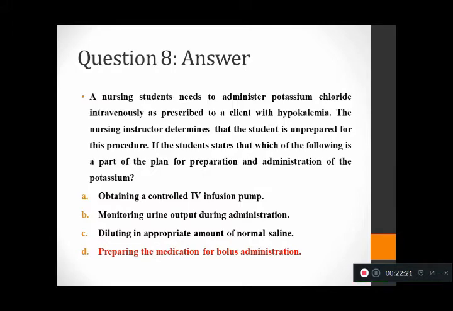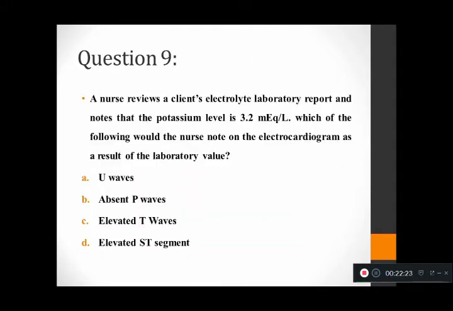Okay, now let's come to the ninth question. A nurse reviews a client's electrolyte laboratory report and notes that the potassium level is 3.2 milliequivalent per liter. Which of the following would the nurse note on the electrocardiogram as a result of the laboratory value? So the nurse is seeing the laboratory report of the client, and the potassium level is 3.2 milliequivalent per liter.